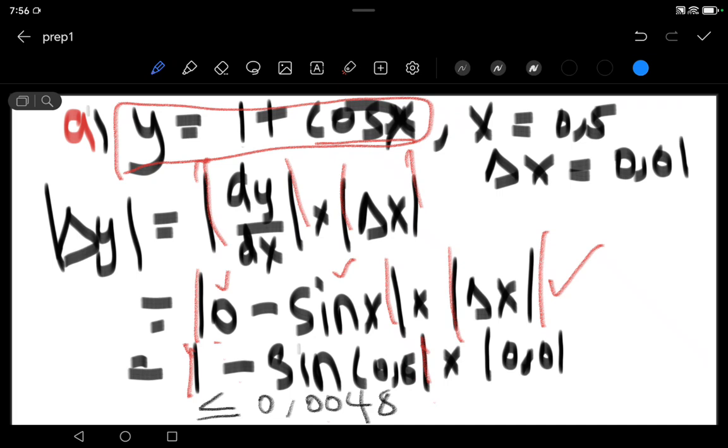So now it's going to be 1 over cos 0.12 multiplied by tan 0.12, multiplied by 0.01.